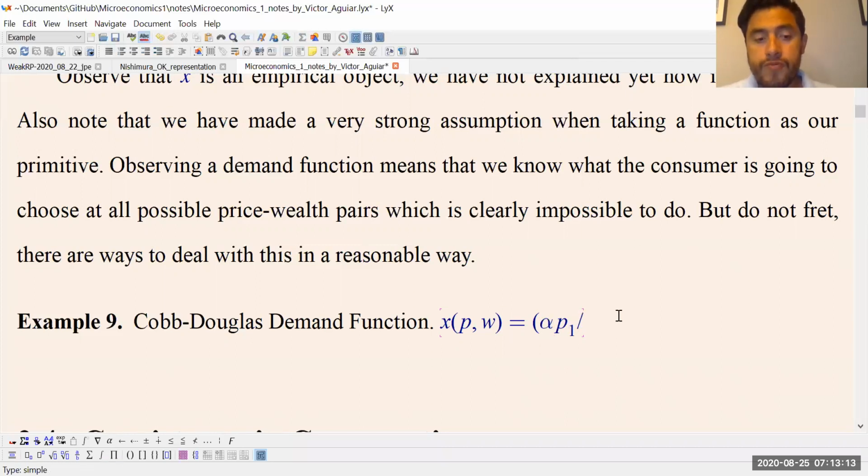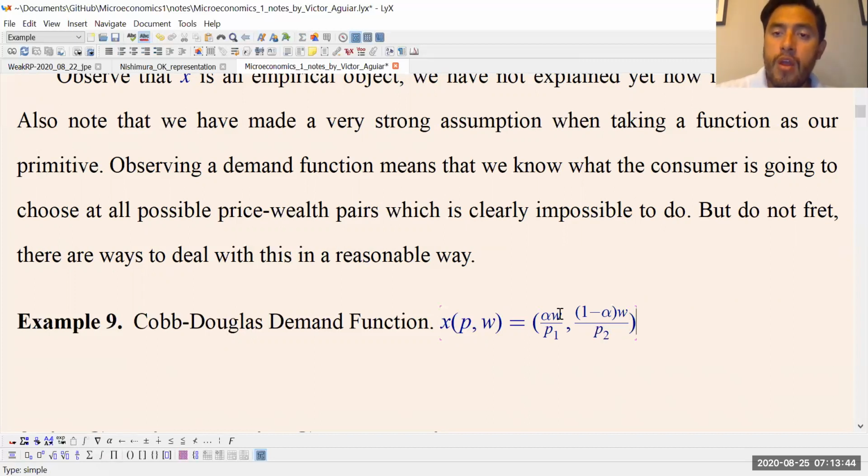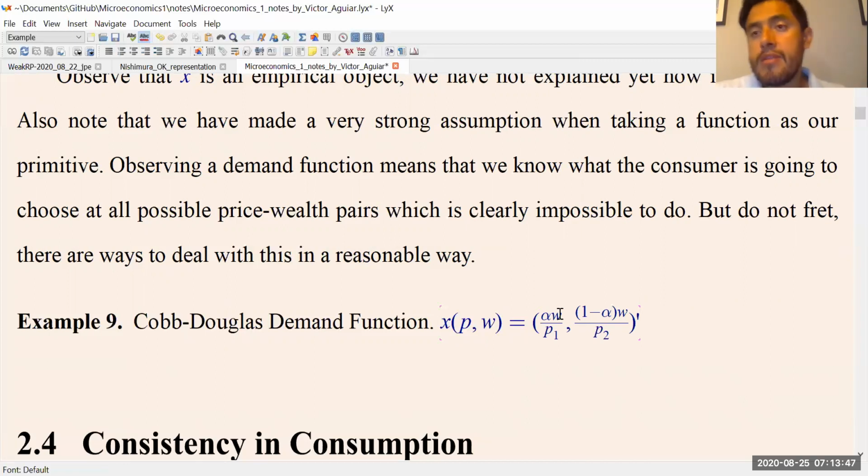This is just for two goods. The first demand is going to tell you that you will consume alpha, alpha being a share of the budget, and you're going to consume 1 minus alpha of that particular income for the other good. So this is a demand function. It's a system of functions because you have two values here. The first entry is telling you the consumption of good 1.